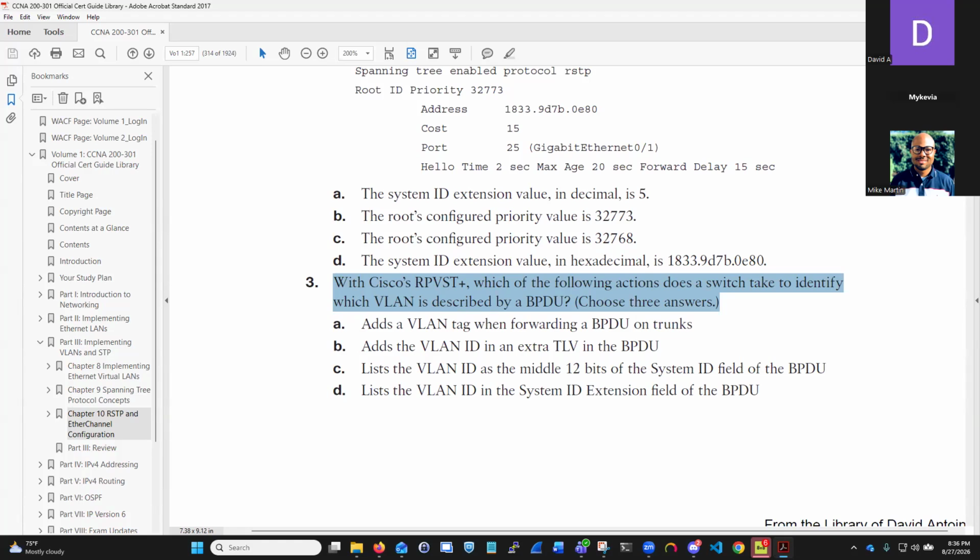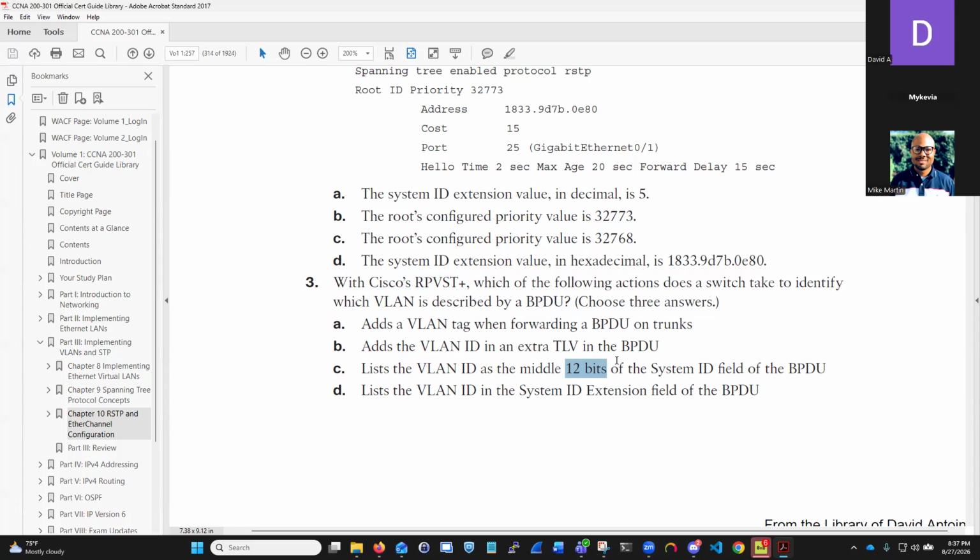This is why it's very important to take a look at the chapter, because they actually break down the 2 bytes and the 6 bytes of what that bridge protocol data unit looks like. What C is saying is that the system ID field takes 12 bits to show that the VLAN exists within a BPDU.